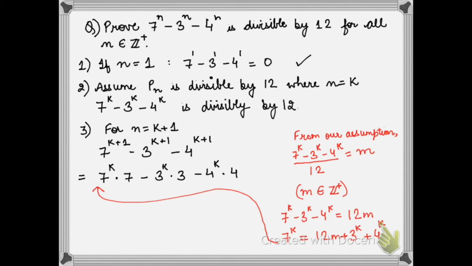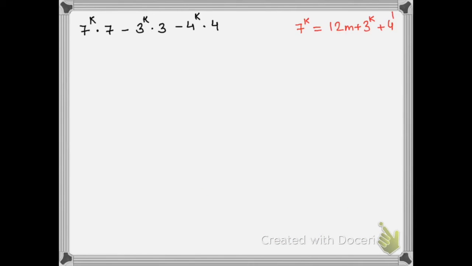So I'm just going to copy it right now. Okay, so I'm going to substitute that back in the equation. So I have 12m plus 3 to the power of k plus 4 to the power of k, multiplied by 7, minus 3 to the power of k times 3, minus 4 to the power of k times 4.